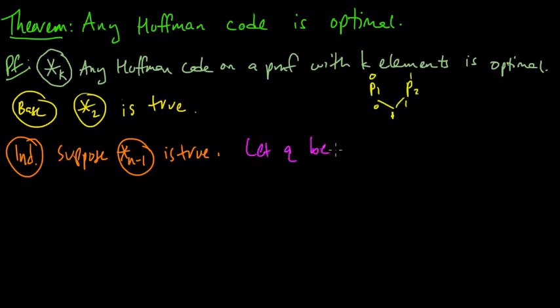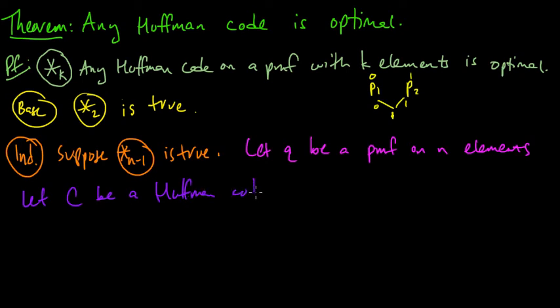Let Q be a PMF on n elements, Q1 up to Qn. We have an arbitrary PMF Q, and we need to take some arbitrary Huffman code, so let C be a Huffman code for Q.